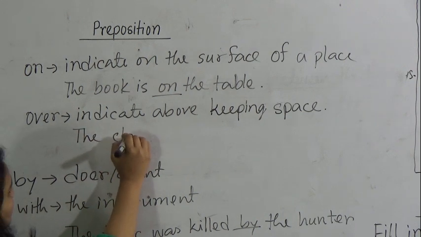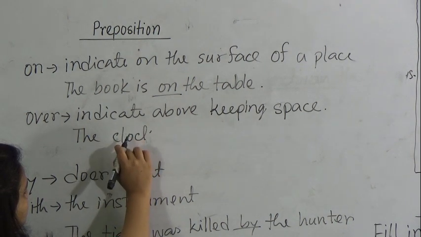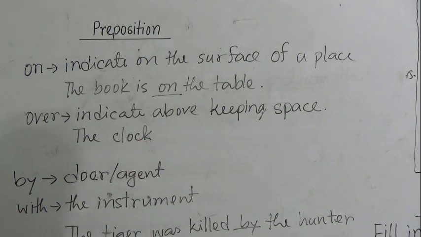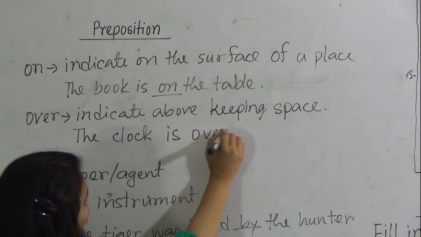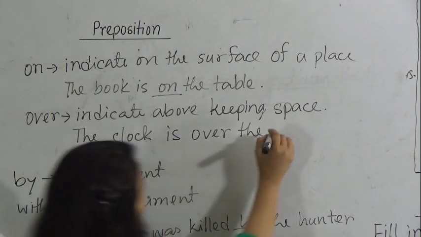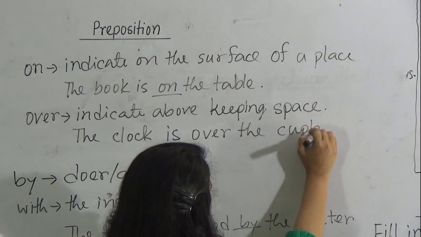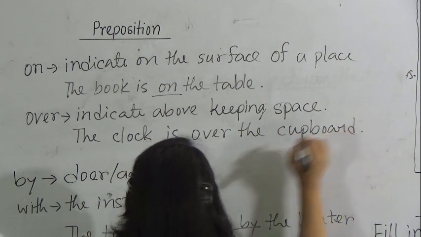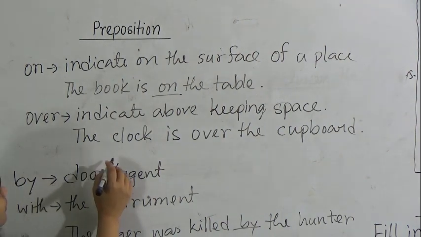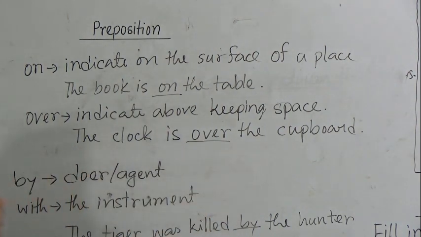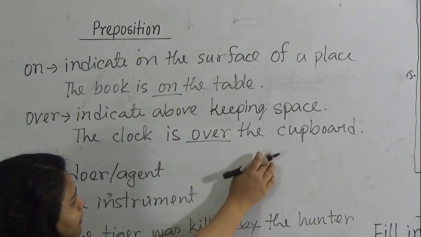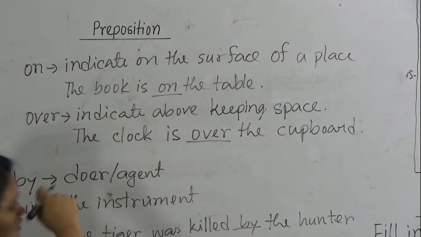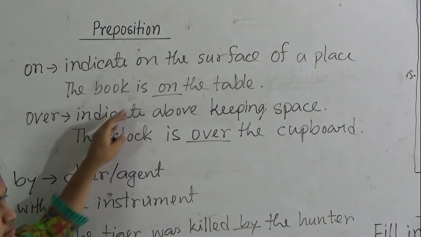The clock is over the cupboard. Now look, to indicate above, keeping the space. The clock is over the cupboard, so it is above the surface and the clock is going on, right?